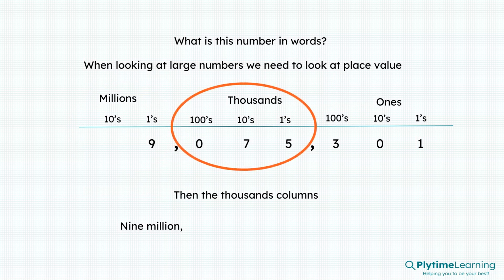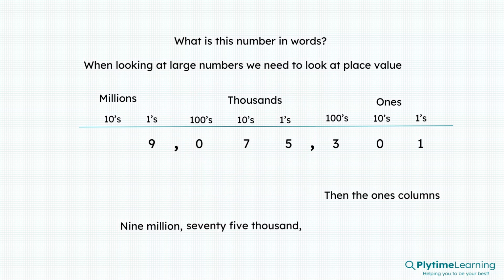We can see we have 7 in the tens, or 70, and 5 in the ones, so we have 75,000. Then we look at the ones column. We can see that we have 3 in the hundreds and 1 in the ones, so we have 301. So it's 9,075,301.